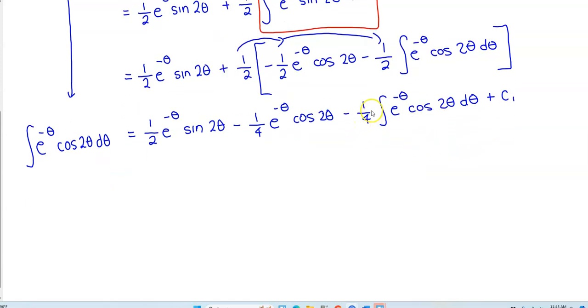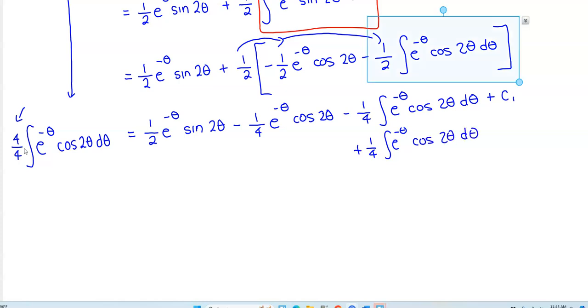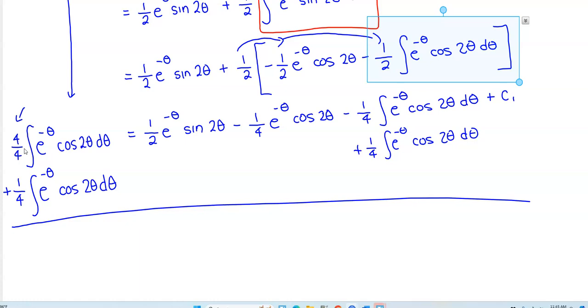So what we're going to have to do is add that to this side. So we have a 1 in front of this integral here. And since we're going to be adding a fraction to it, we're going to say that 1 represents 4 over 4. And now we're going to add this 1/4 to both sides of the equation. So what happens?